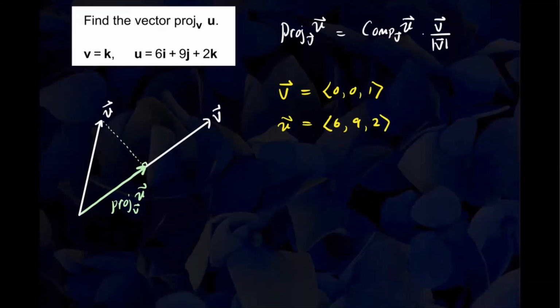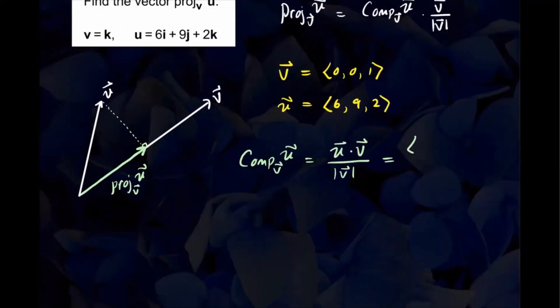And now we're going to find the component projection of u onto v, which can be written as u dot v divided by the magnitude of v. So for u dot v, we're going to use the dot product. So u is 6, 9, 2. We're going to multiply these corresponding components and add them up.